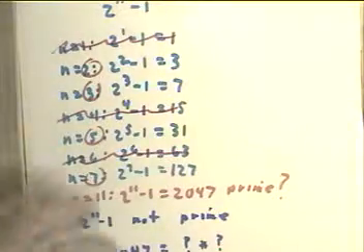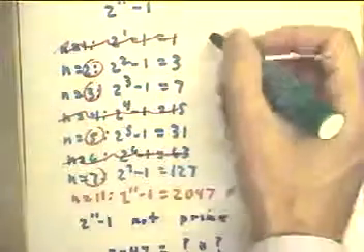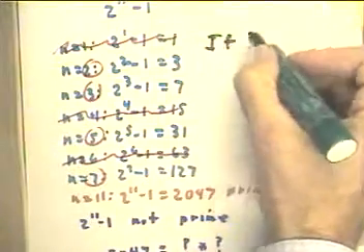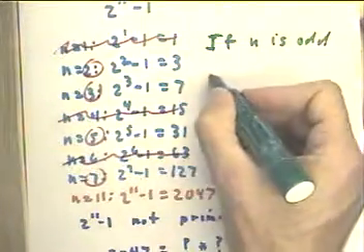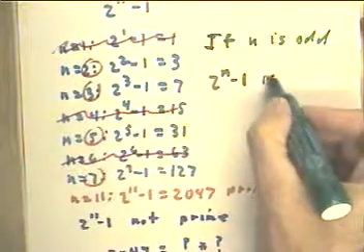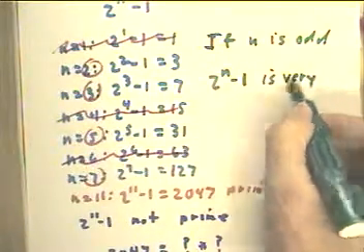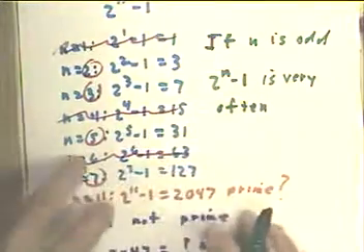the key is that if n is odd, two to the n minus 1 is... I just said it wrong.